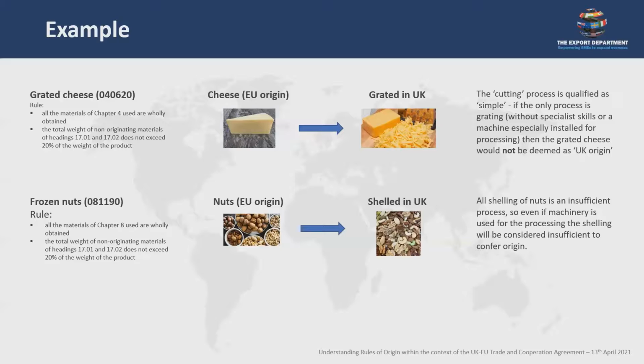Again, the example I've given here is that the nuts or the raw material are of EU origin, so we've got that bilateral accumulation, and they're technically obtained within the EU. Because they've just been shelled in the UK, it's not sufficient to determine UK origin, so they'll face a third country duty on re-export to the EU.